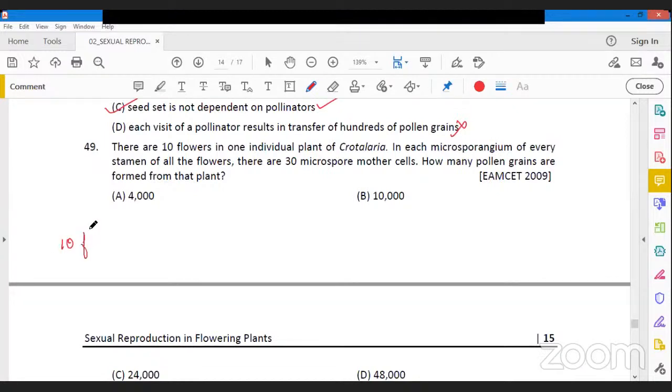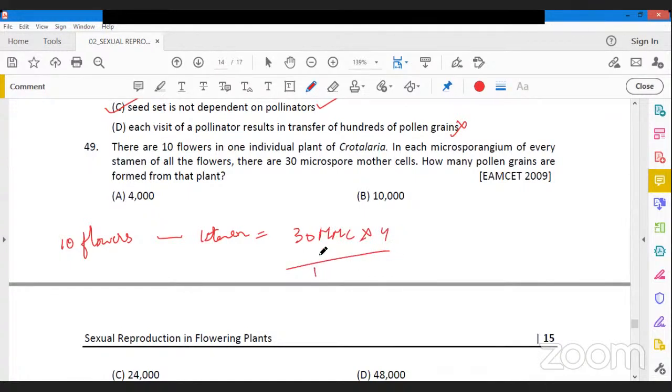So totally there are 10 flowers in one individual plant. In each microsporangium of every stamen, one has 30 microspore mother cells. How many pollen grains are produced? This into 4, how much do we get?